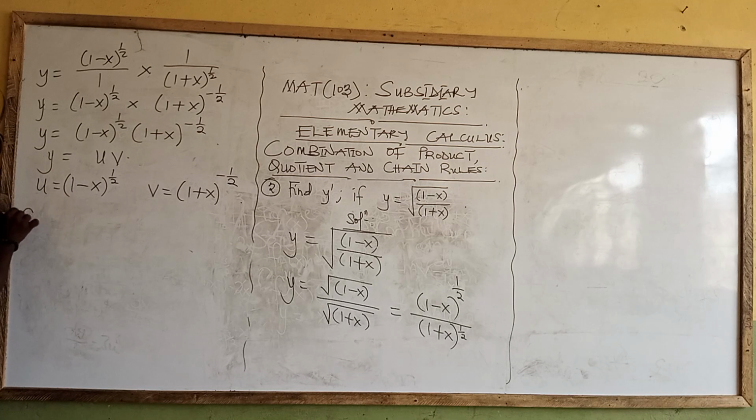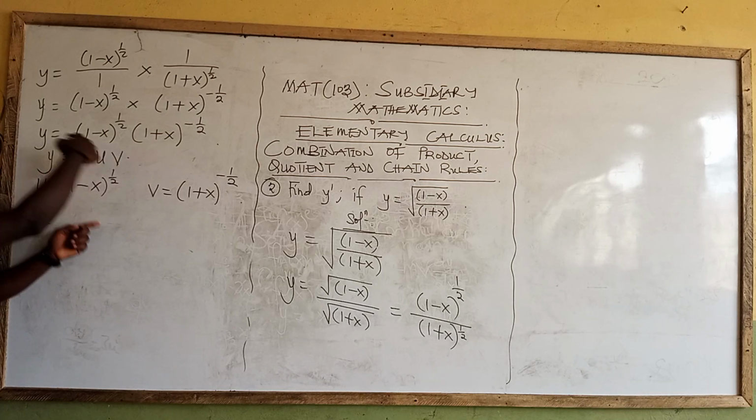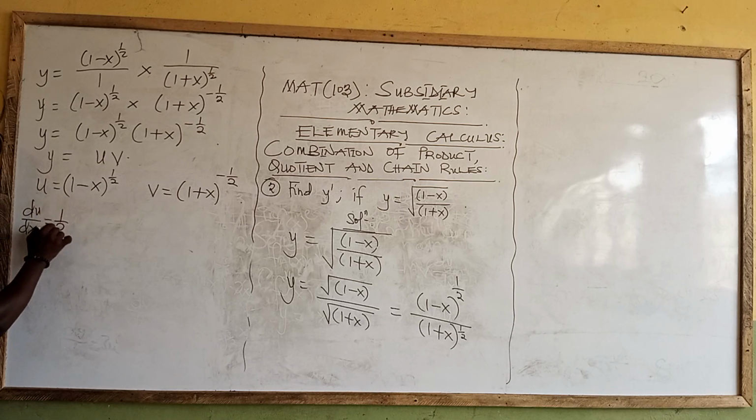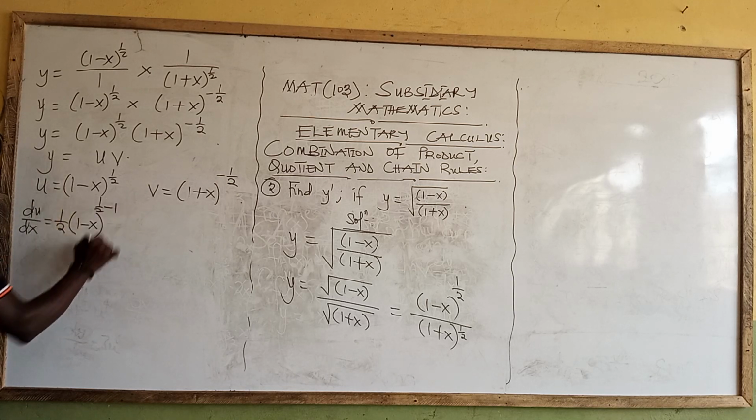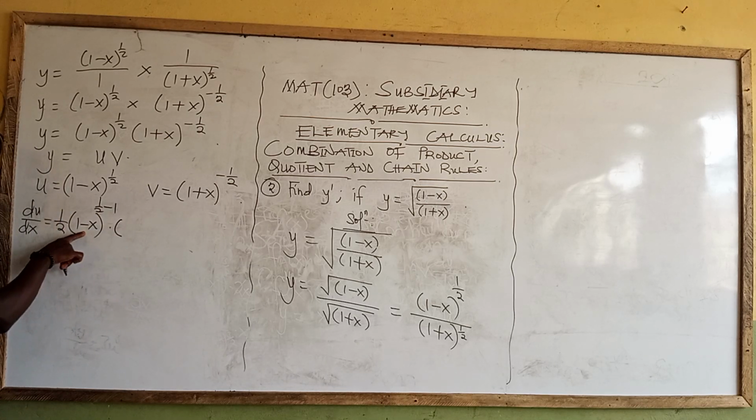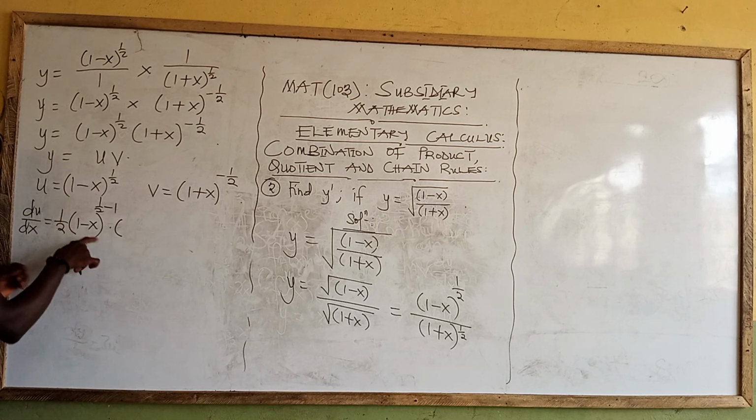So now you can differentiate u with respect to x, which must be equal to, we drop half down, then we multiply by the expression 1 minus x, and we subtract 1 from the exponent, times we differentiate. The constant is 0. Then if you differentiate negative x, you get negative 1. Right.